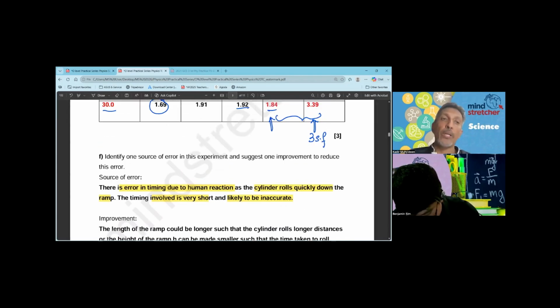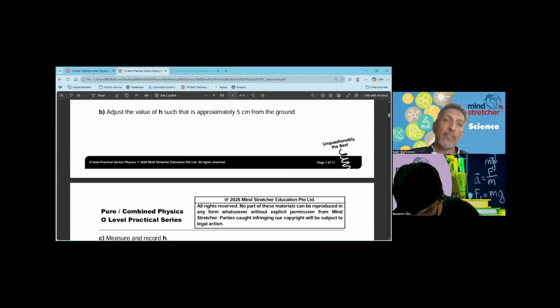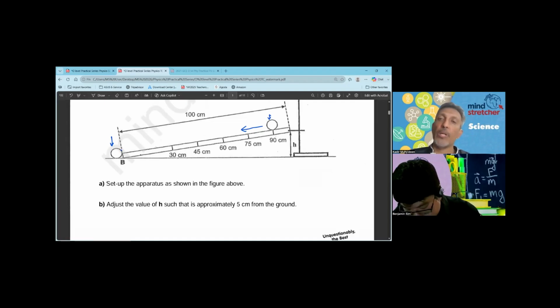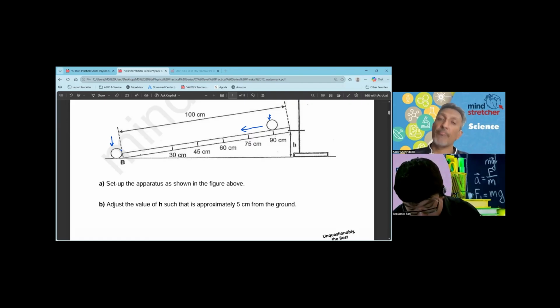Or you could repeat the same experiment, instead of using 5 cm, keeping h smaller, because the smaller it is, the slower it will roll, and the overall time will be increased. So you could suggest either using a longer plank and taking measurements over longer distances, or reducing the height, such that it will take longer to come down.